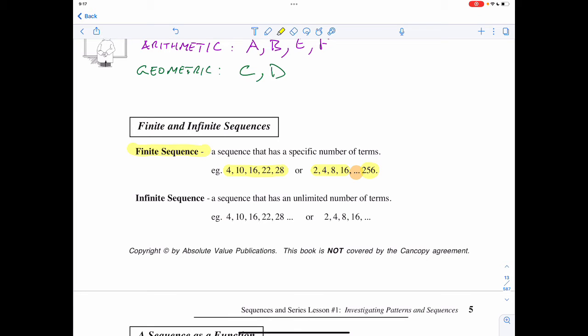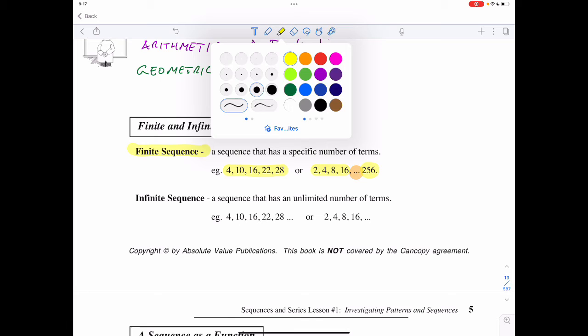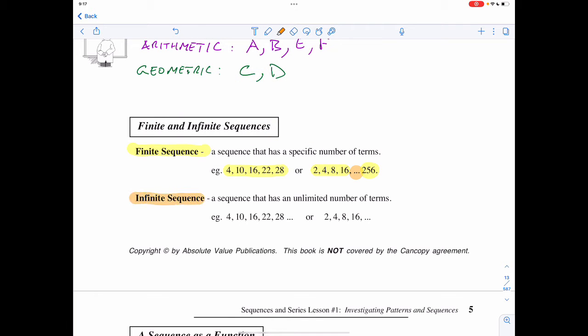We can have what's called an infinite sequence, and an infinite sequence will always end in an ellipses to indicate that that pattern is going to keep going on forever. And there isn't actually an endpoint. It's just going to keep happening, up into the billions and past.